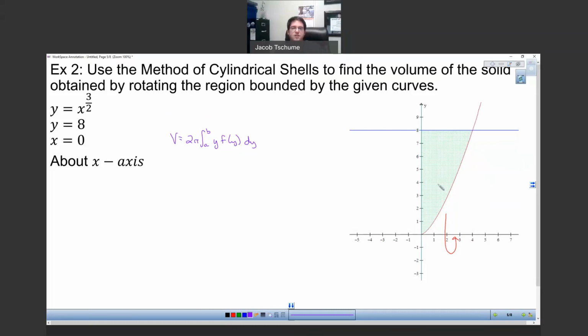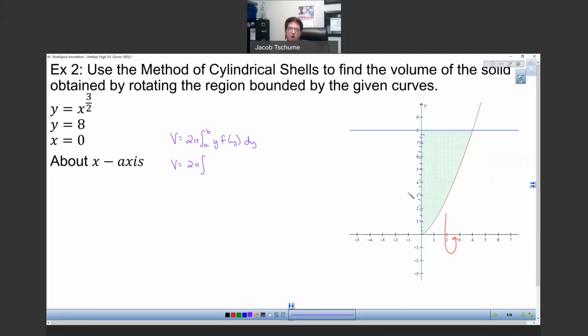So since we are doing this in terms of y, even though we are rotating around the x-axis, if you look at the y-axis here, there are no gaps. So that's going to be the disc method variation, which means you don't have to fix anything. We can go straight into setting this up, and it would be 2 pi times the integral.